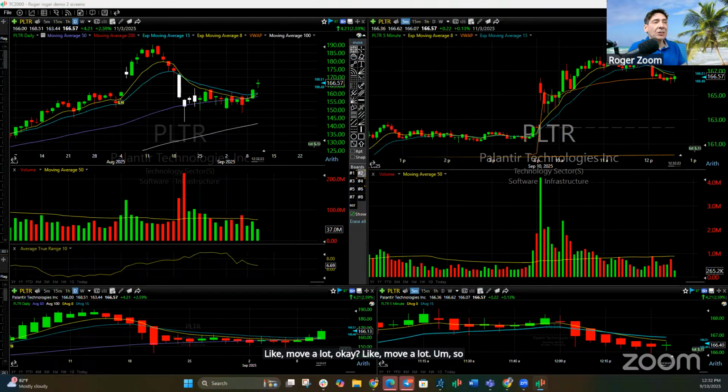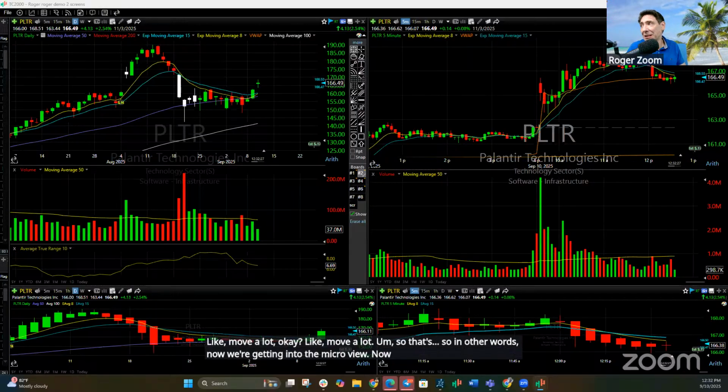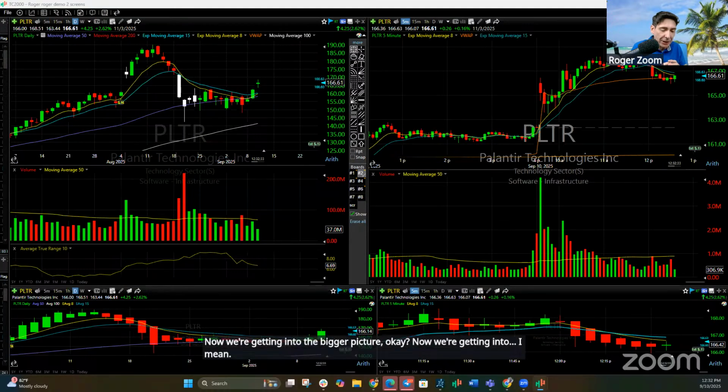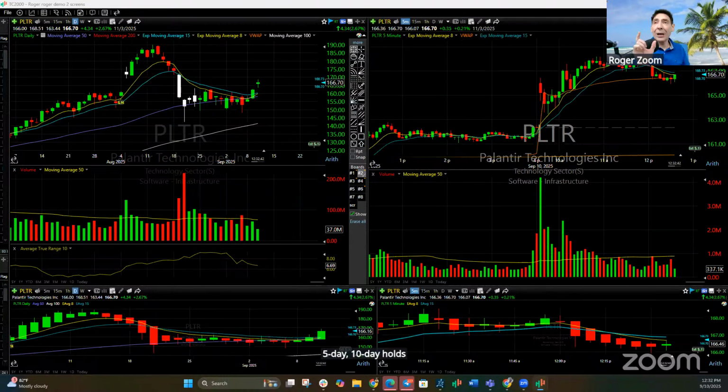So in other words, now we're getting into the micro view, the specific picture. Now we like the bar, we like the girl, now we're going to go and talk to her. 5-day, 10-day holds. I created this specifically because when I look at seasonality, I'm not big on "if this does that and if this does that."